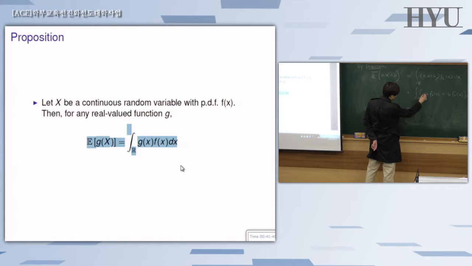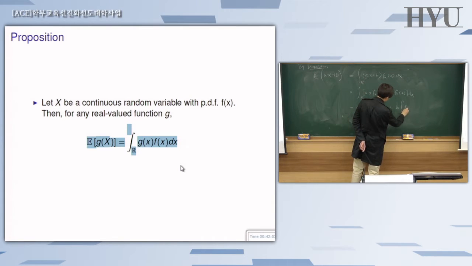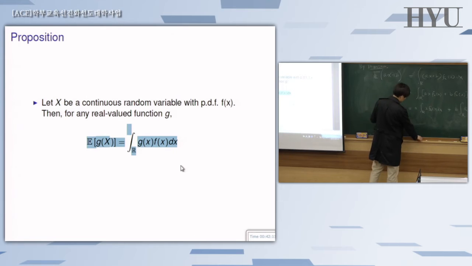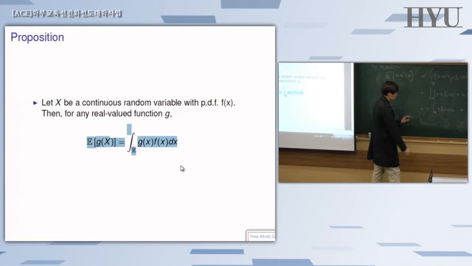But then this a is just a constant, so this a can come out of this integral. And do the same thing for this second coefficient, which is b. You can bring it outside. What is this guy? E of x, expectation of x.